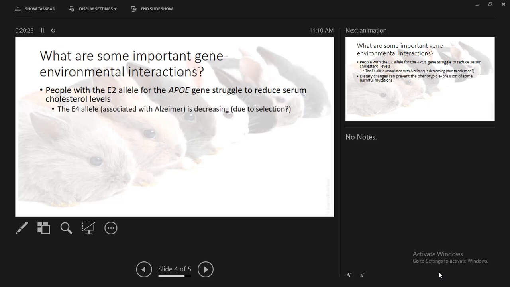Now, the E4 allele is associated with an increased risk for Alzheimer's. And what we're finding is that this E4 allele is decreasing in prevalence, probably because people with parents or grandparents that develop Alzheimer's are significantly less likely to have children, which is actually true.